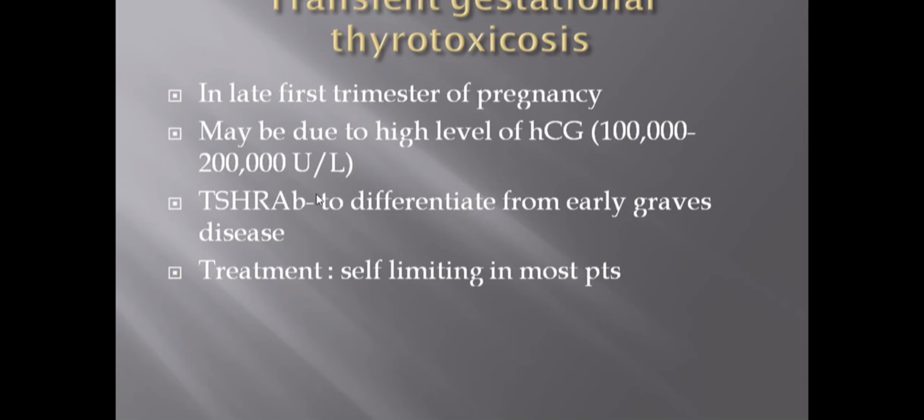In early Graves' disease and transient gestational thyrotoxicosis, it may be difficult to differentiate the two. In this case, it's better to determine the thyroid stimulating hormone receptor antibody, which will be elevated in early Graves' disease. When it comes to treatment, in most cases transient gestational thyrotoxicosis is self-limiting and doesn't need treatment. But if the patient develops overt thyrotoxicosis, the patient may need an antithyroid drug.